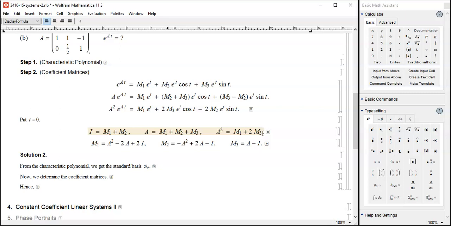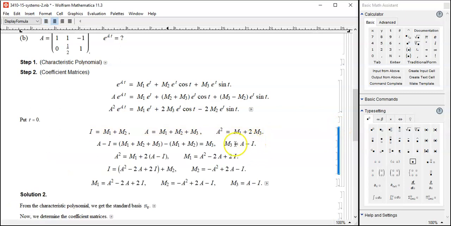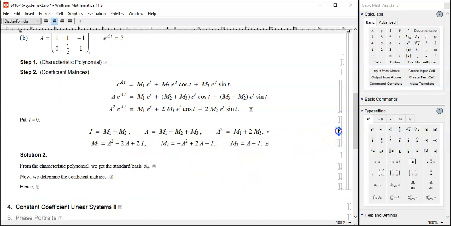Now, solving this system of linear equations is actually tedious work. We have three unknowns, M1, M2, M3, and the others are considered as known. I and A squared are known. We can calculate those later. And you do appropriate computation. Well, here we go. Some substitution and elimination, basically. Assuming you did all those, you're going to get this.